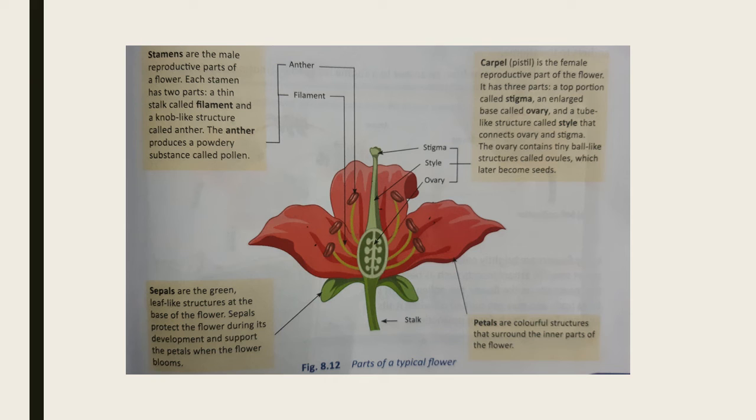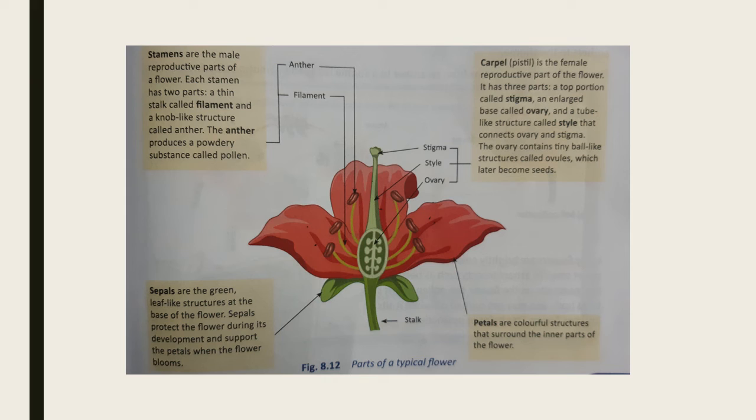Next one is stamens. Already we have studied stamens are the male reproductive organ, the male reproductive parts of a flower.